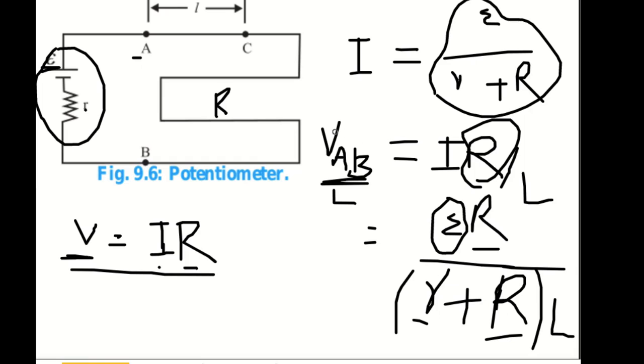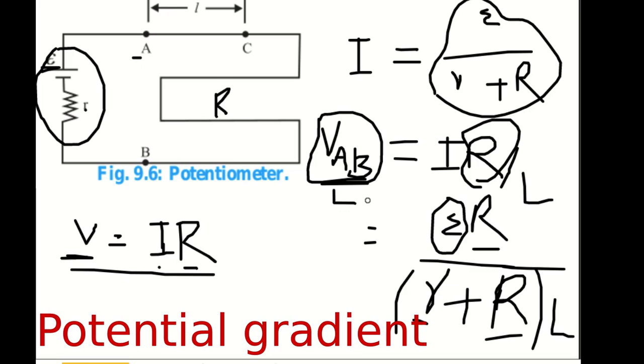So what this quantity suggests is VAB divided by L, or just V by L. V is the total potential difference between point A and B, which is across the total length L of the wire. So this is the potential difference per unit length, which we call potential gradient. Any gradient means per unit length, so we call this the potential gradient.